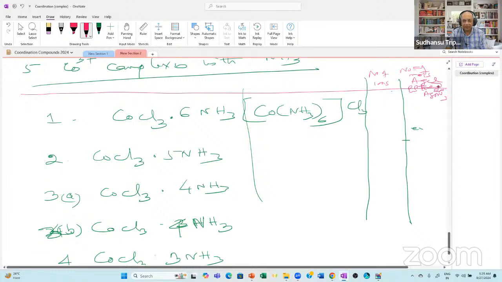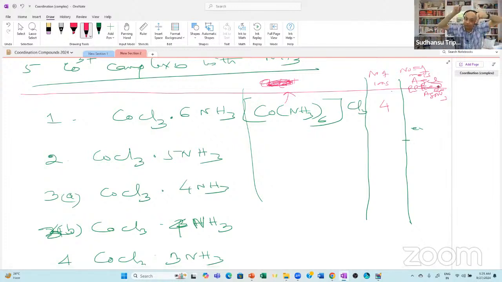So tell me, this is 4. Why? If you ionize it in aqueous solution, this will give you the big complex ion, which has coordinate covalent bonds with cobalt 3 plus with 6 ammonia, that is one ion, only one ion, very bulky, and 3 chloride ions. So the total number of ions is 4.